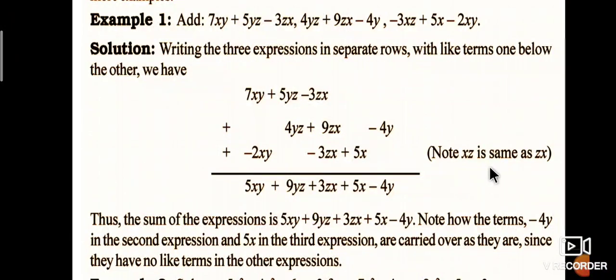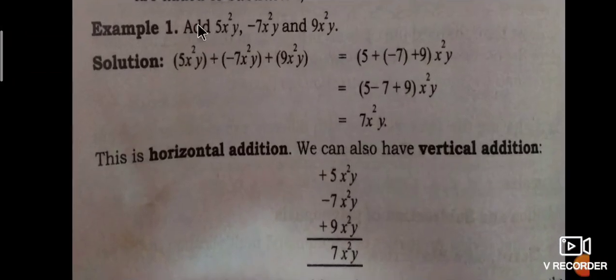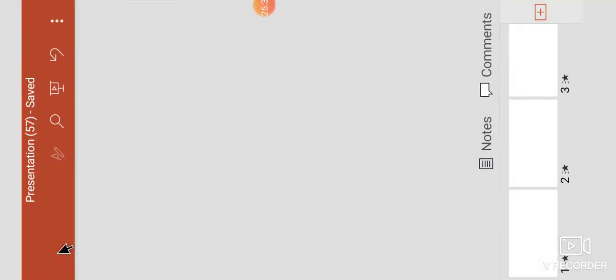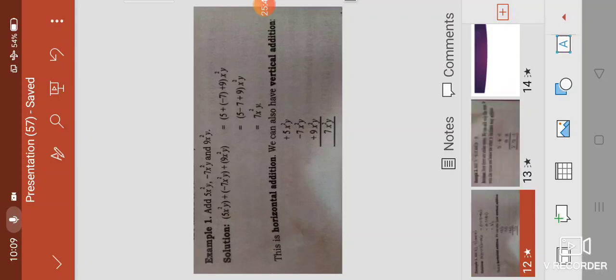Okay, next problem is add 5x square y, minus 7x square y and 9x square y.